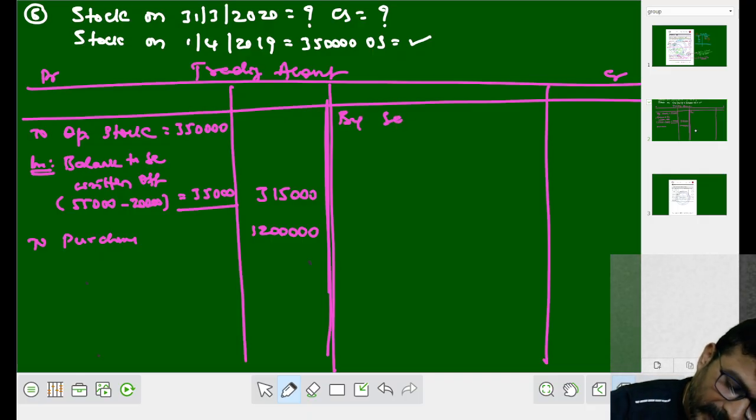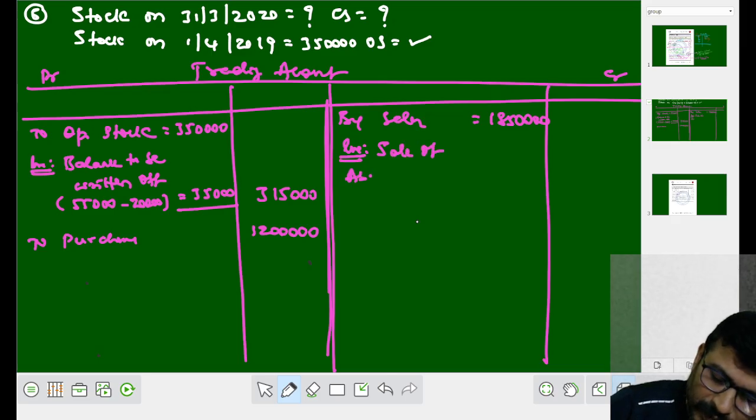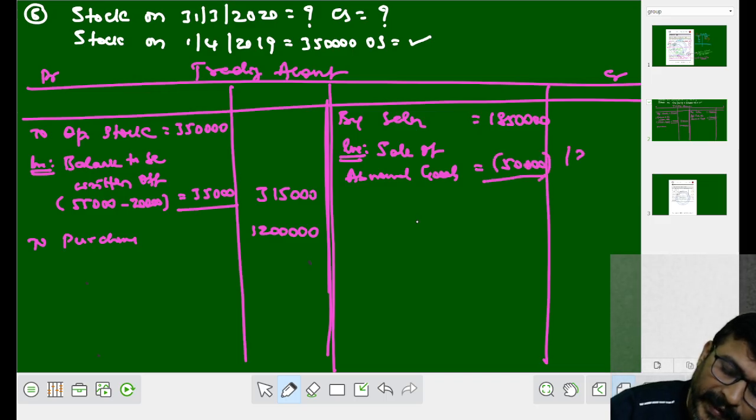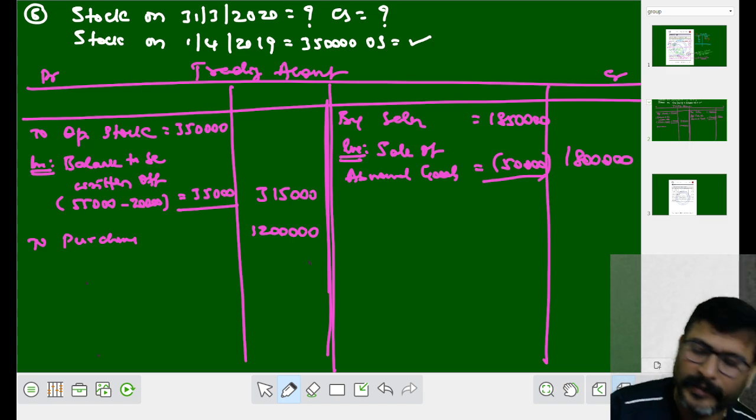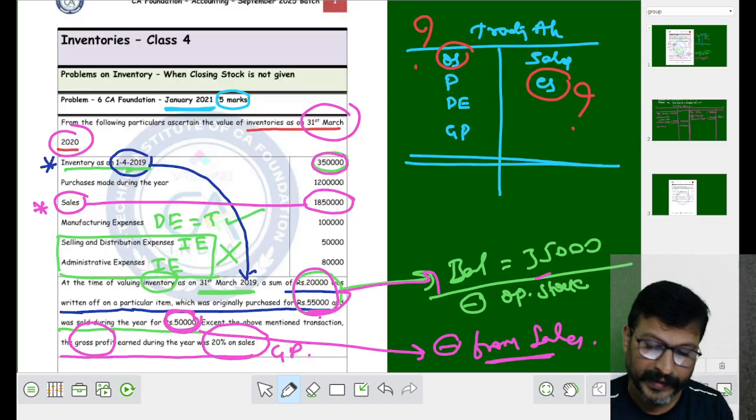So you take sales of 18,50,000 less sale of abnormal goods, 50,000. You subtract it. Take 18 lakhs in the outer column. Got it? Then you see what happened.